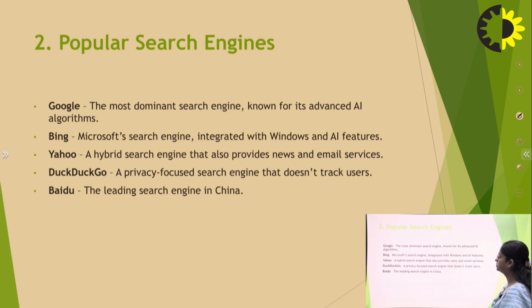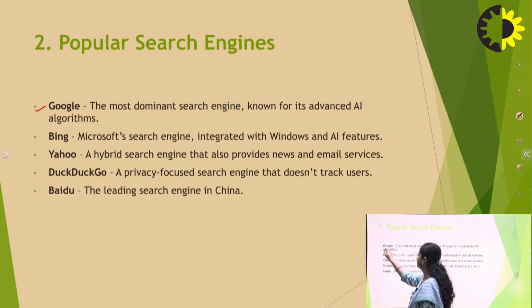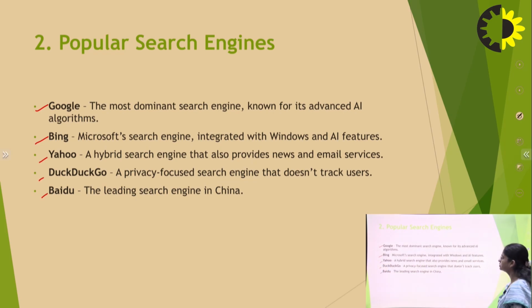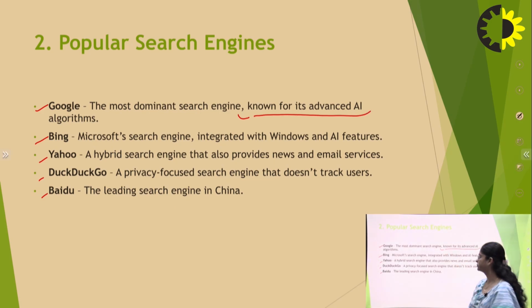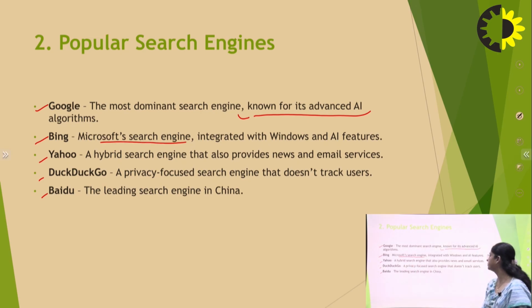Next, popular search engines are Google, Bing, Yahoo, DuckDuckGo, and these are the different Google search engines used in different countries. The most dominant search engine is known for its advanced AI algorithms. Next is Bing, Microsoft's search engine integrated with Windows and AI features, etc.